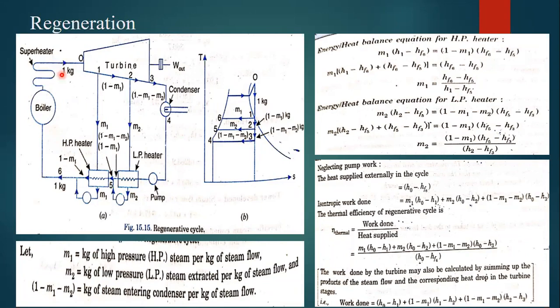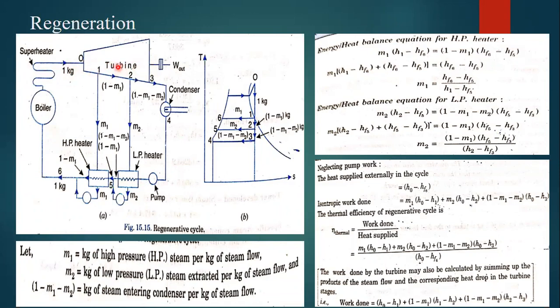If we want the turbine inlet at 45 bar and 300 or 400 degrees centigrade, then the output from the boiler is not going to be enough. So we use a superheater here. With the help of the superheater, the steam coming from the boiler is heated, and after that we send it to the turbine.